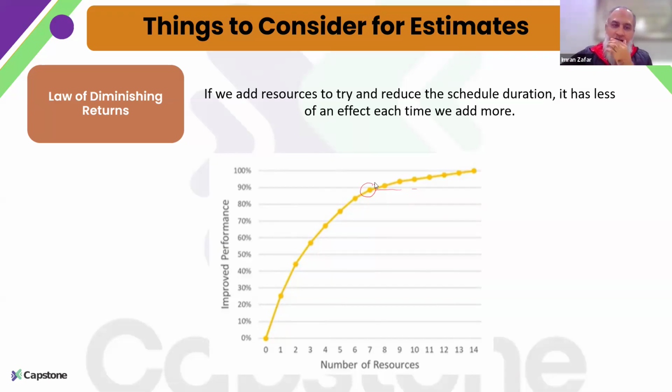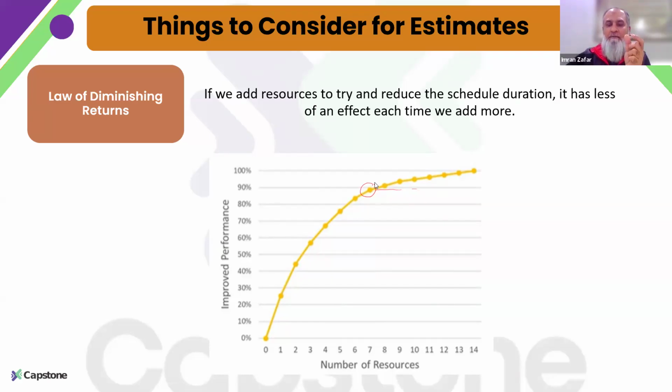This law of diminishing returns can be applied to some other areas as well, to the budget as well, not specific to schedule. It is just a law that simply states that adding more resources, more people, more budget to something, assuming that you will complete it faster, may work to a certain point, but after that, you will not be able to get the required amount of efficiency that you are aiming for.